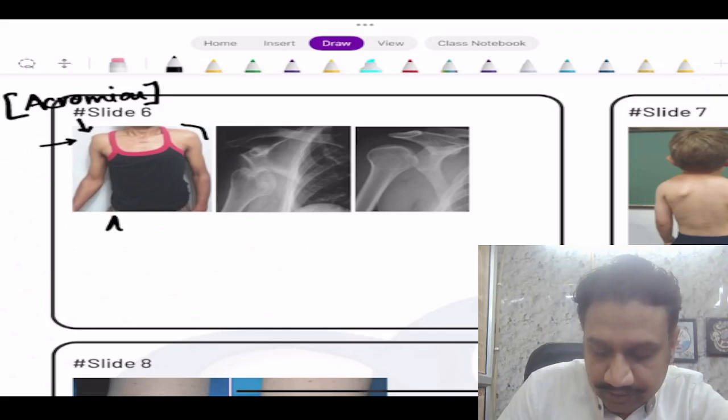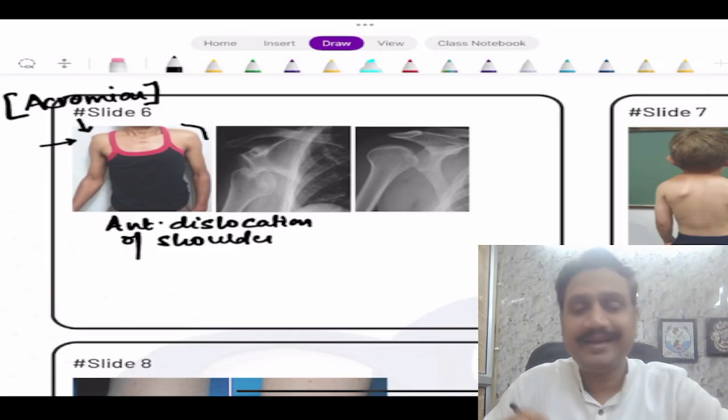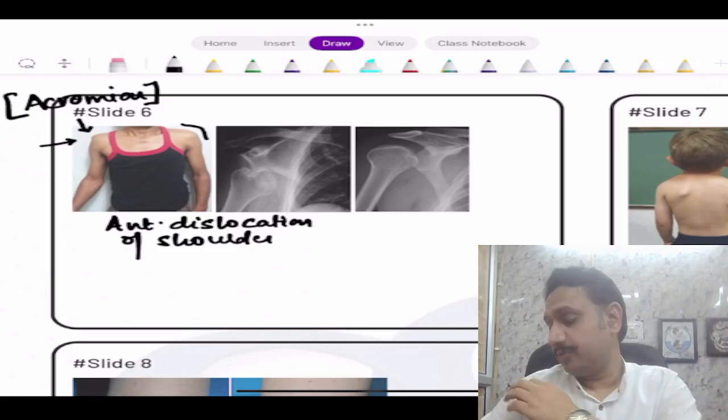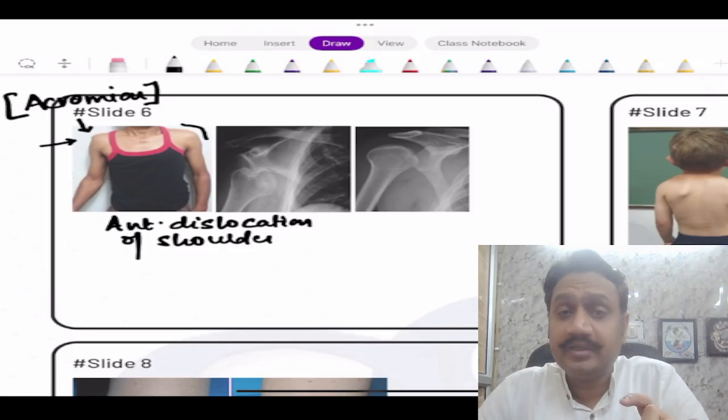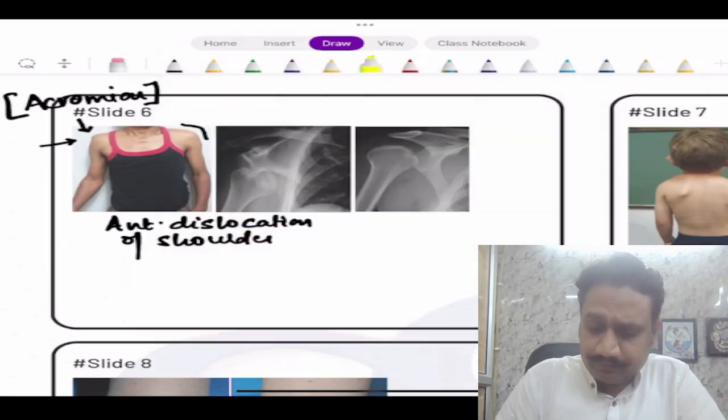Loss of the shoulder contour is seen in anterior dislocation of the shoulder. So if the contour of the shoulder is lost and a bony prominence is there, that is the acromion, and that is anterior dislocation of the shoulder.